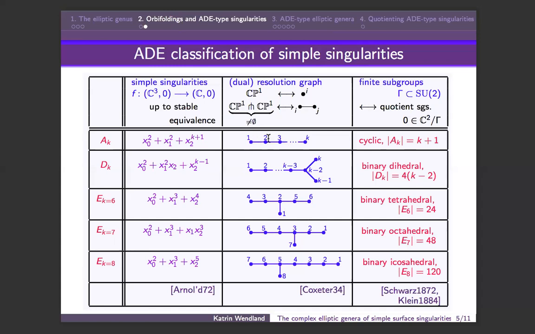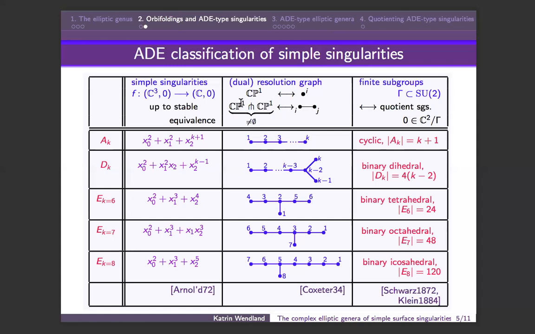Each of the nodes here corresponds to one of the CP1s in the exceptional divisor. It's also true that any 2 of these CP1s intersect transversally. So either the intersection is empty or the intersection is just given by a single point, and then the tangent spaces actually add up to, generate the tangent space of the full surface.